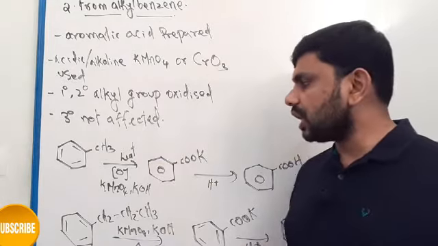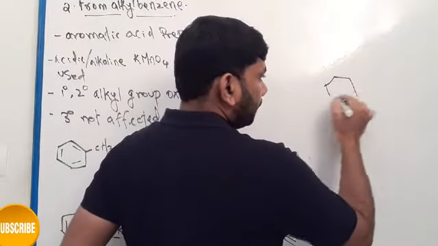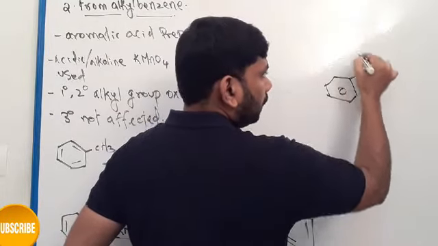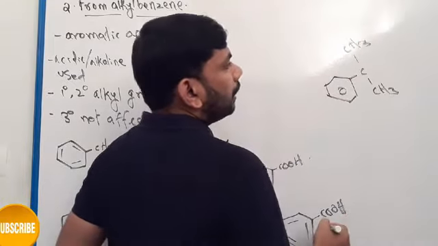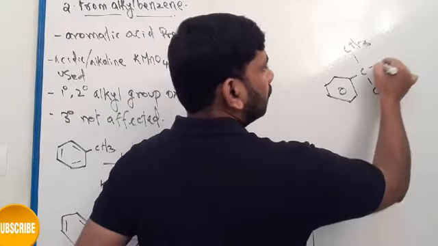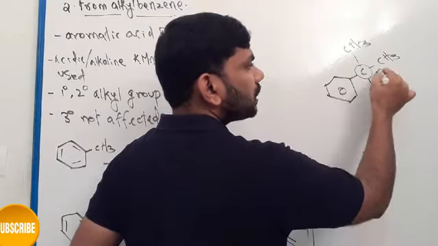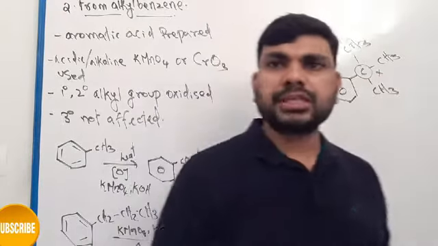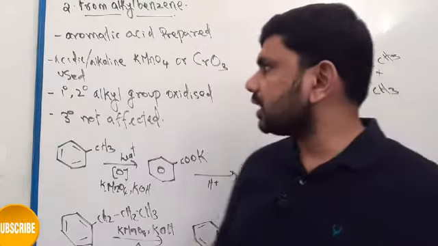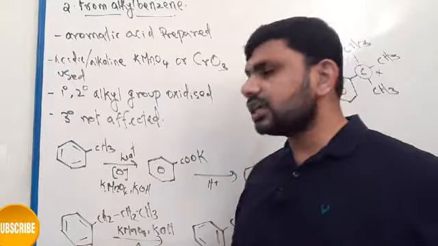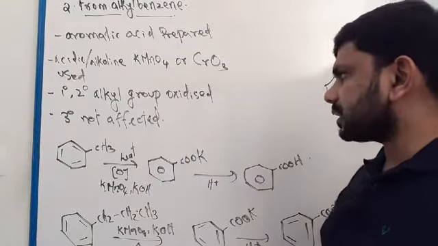For example, look here: this is a benzene ring, and here a CH3, and here one more CH3, imagine. This type of carbon does not oxidize in the presence of an oxidizing agent, and this is tertiary. This type of primary and secondary alkyl group, after oxidation, will change to carboxylic acid.